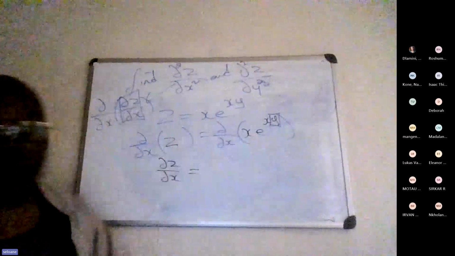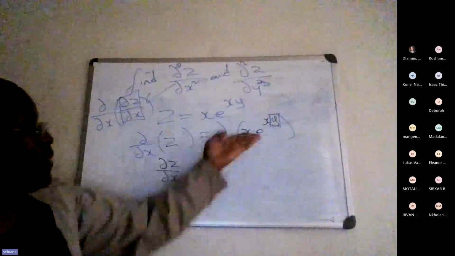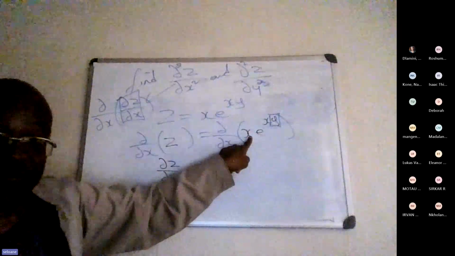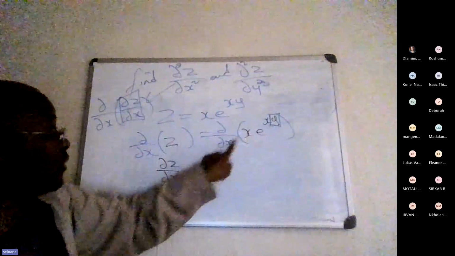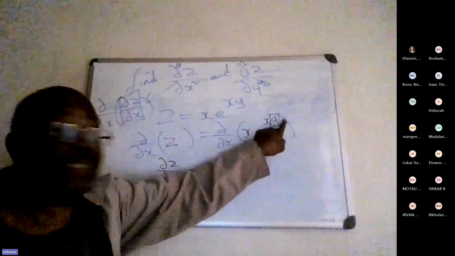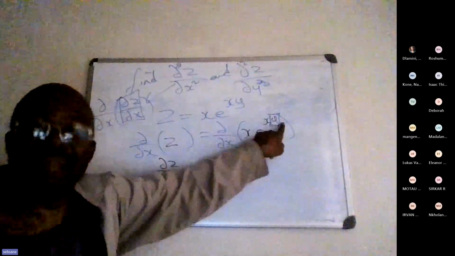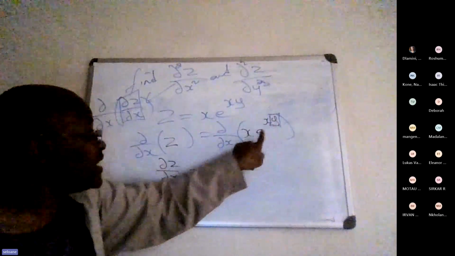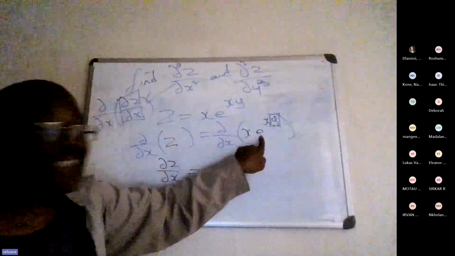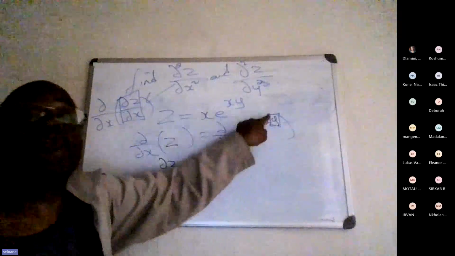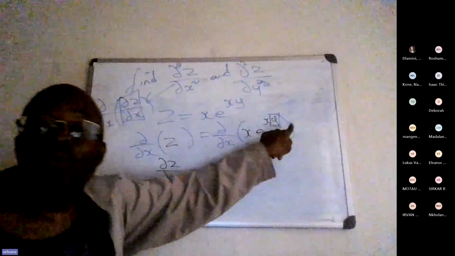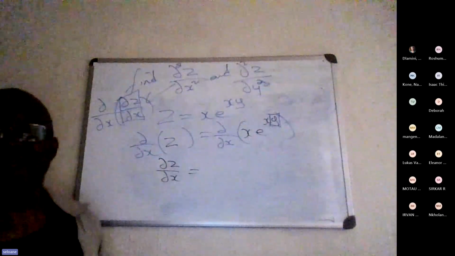Then how to differentiate this product? It will simply be the product rule. Because this is in terms of x, which is our variable x, and this is e exponent xy. See this as x multiplied by 3, because y is a constant. Then just see this e exponent xy as e exponent maybe 2x, or maybe 3x, or maybe 4x, because y is a constant.